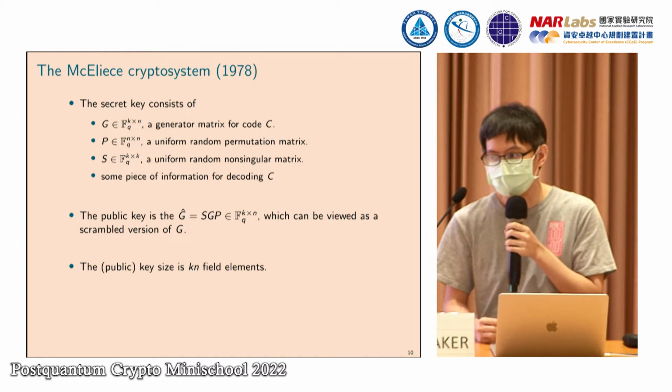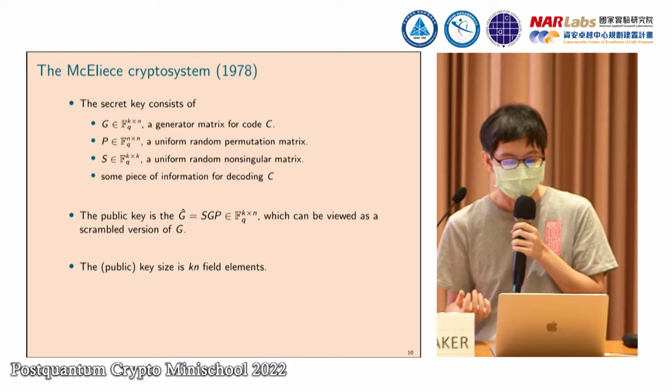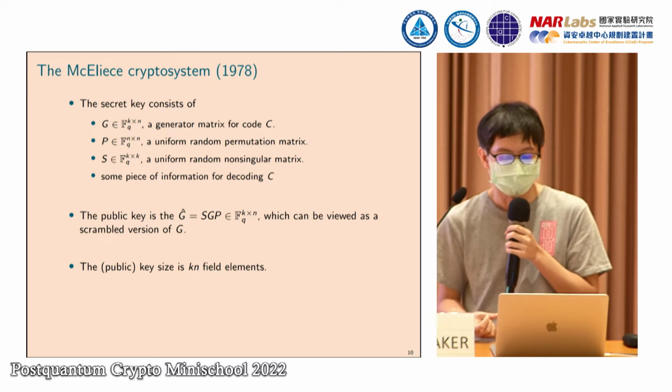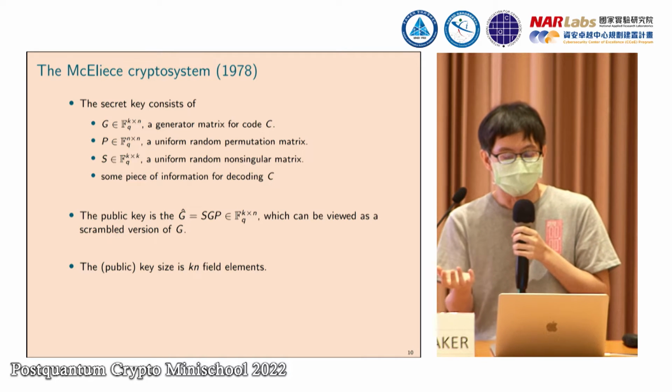If you look at some other references of the McEliece crypto system, sometimes they would say it's just G, P, S, or they would say the last item is just some efficient decoding algorithm for C.